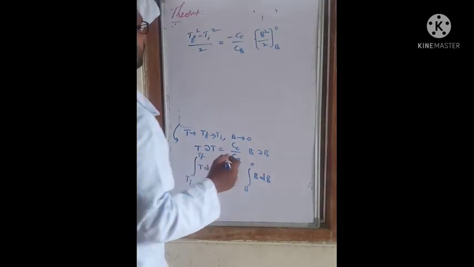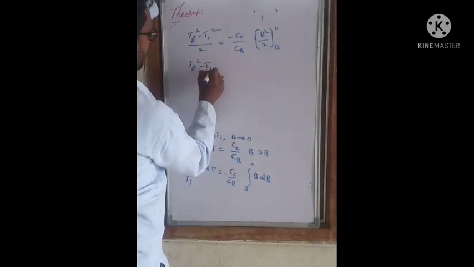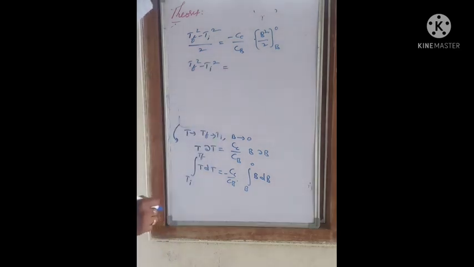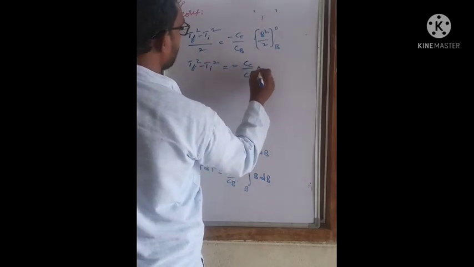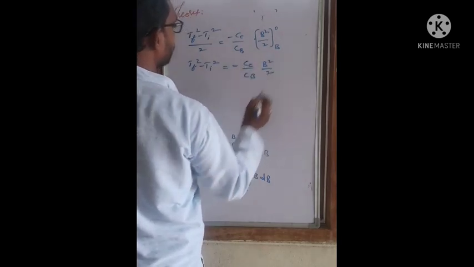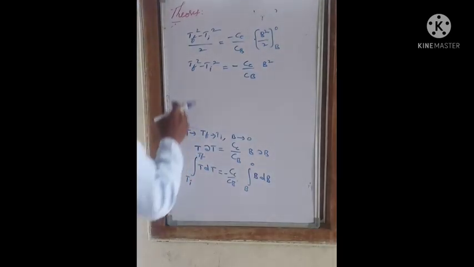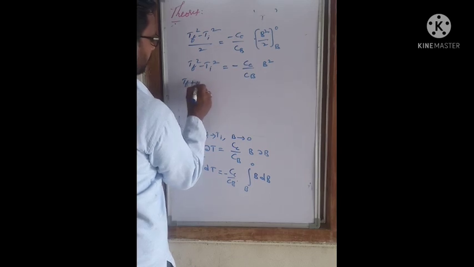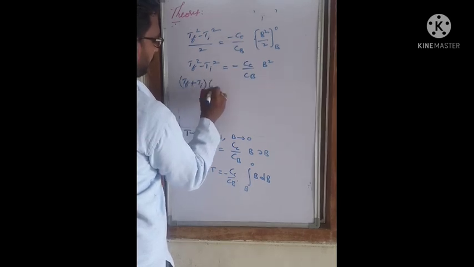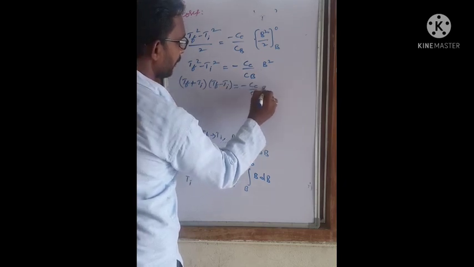So 2 gets cancelled, then finally we get Tf square minus Ti square equal to minus Cc by Cb B square. This can also be written as Tf plus Ti into Tf minus Ti, equal to minus Cc by Cb B square.